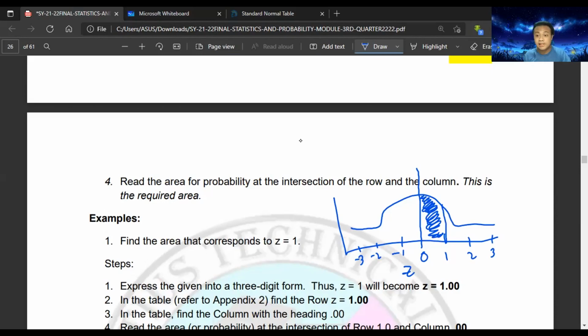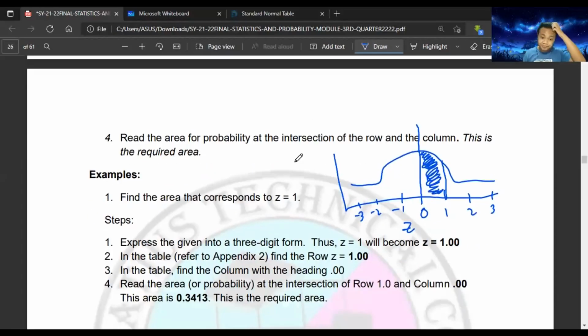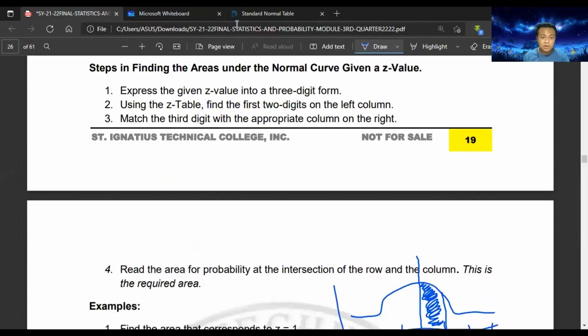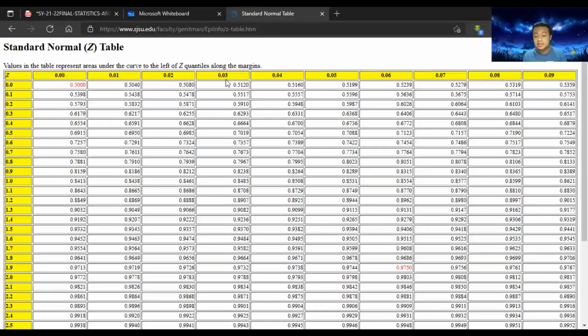So how do you find that? We look in the normal z table. The value at 0 is 0.5, and the value at 1 is 0.8413.